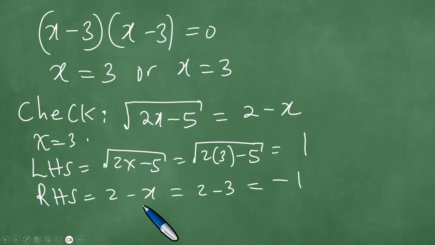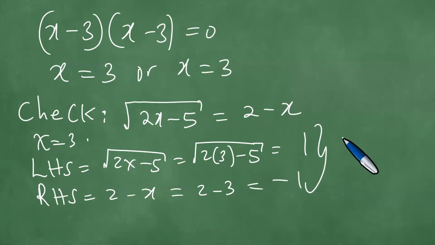Looking at this now, what is your conclusion? Because the left-hand side is 1 and the right-hand side is minus 1, what is the answer to this question? So there is no solution here.